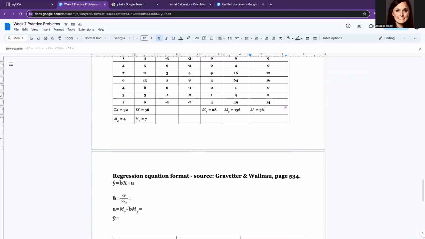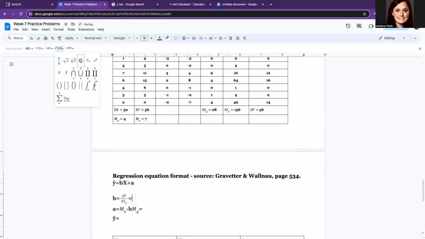So we'll start with the equation for b, and that's SP over SSX. And we know that because we filled out the table. So SP is 56, SSX is 28. So if you divide 56 by 28, you get 2.